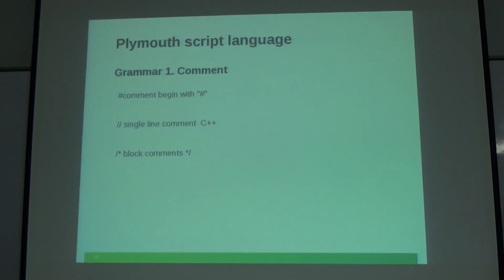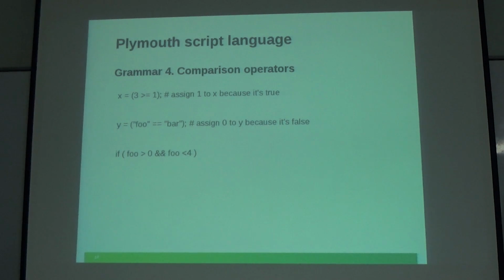This is how comments look. These three kinds are also accepted by Plymouth script, along with the equals sign and other operators. I think these are easy, so I will not explain them much here.